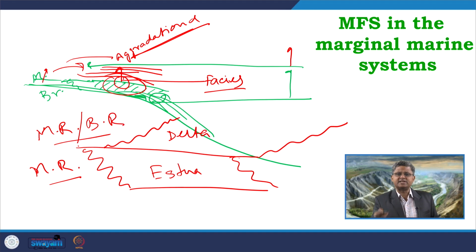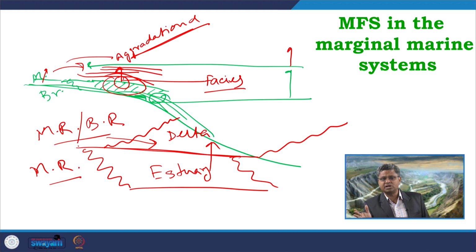So, during the HST phase, we get a sharp changeover from estuary to the delta in terms of facies changeover, in terms of the nature of the stratal stacking pattern, in terms of shift of the depositional conditions, in terms of shift in the facies architecture.